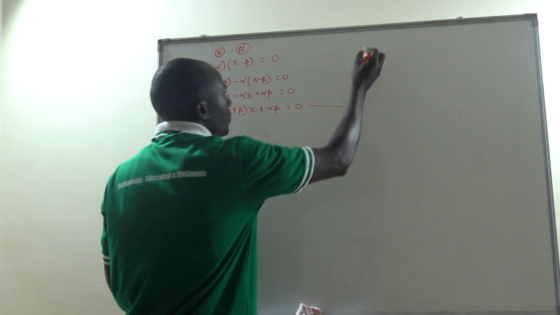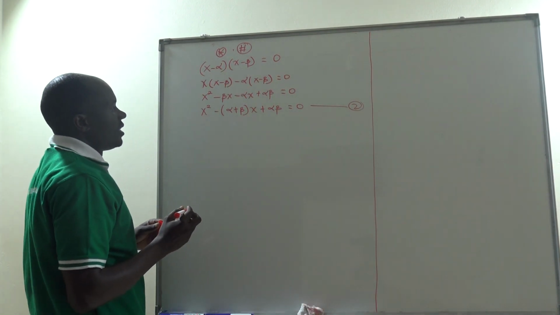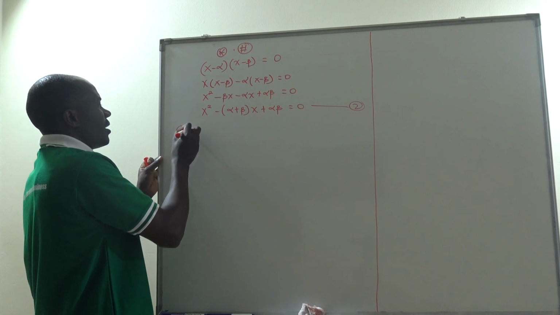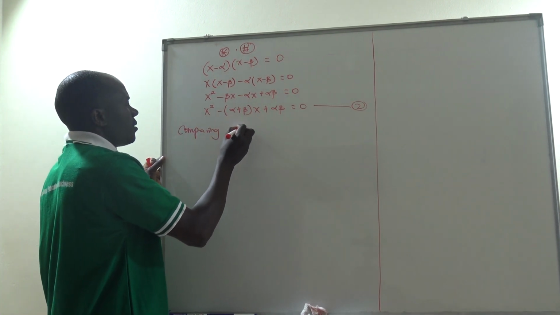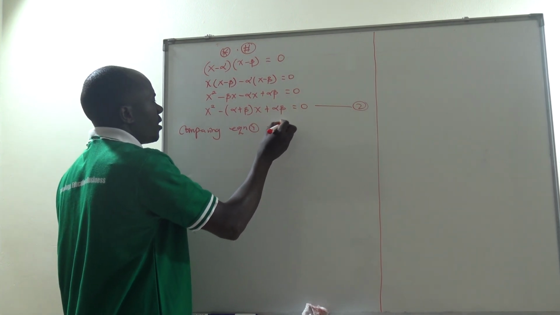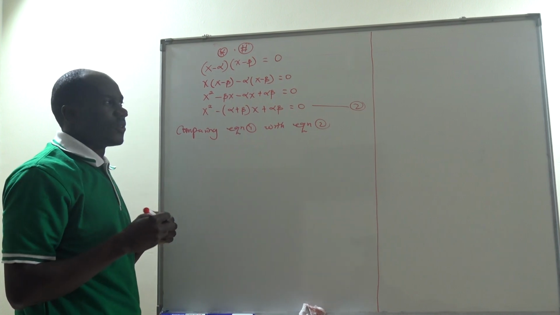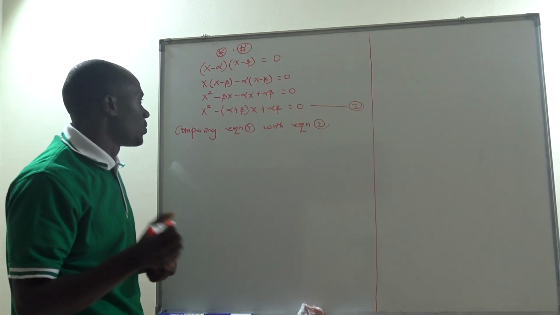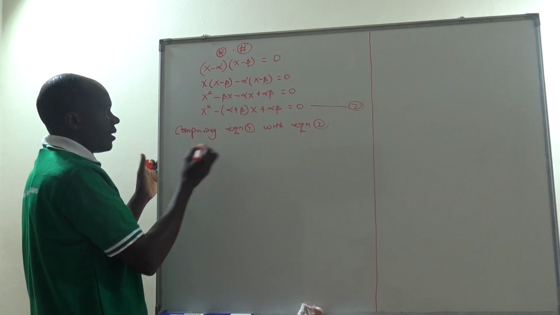You can go ahead and we divide our white board. So we are going to start comparing equation 1 with equation 2. Equation 1, we can first write it here.